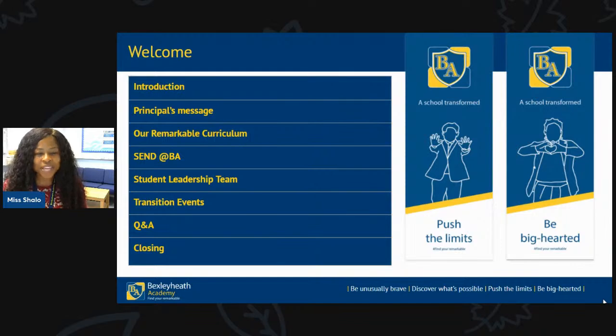And then you're going to be hearing from Miss Collier, our assistant principal, who leads our SEN department, and she'll be talking you through our SEN transition process. And after Miss Collier, you then get to hear from a number of our student council members, our head students in Year 13. And then you're going to have the opportunity for me to come back and talk to you about what our next steps are going to be.